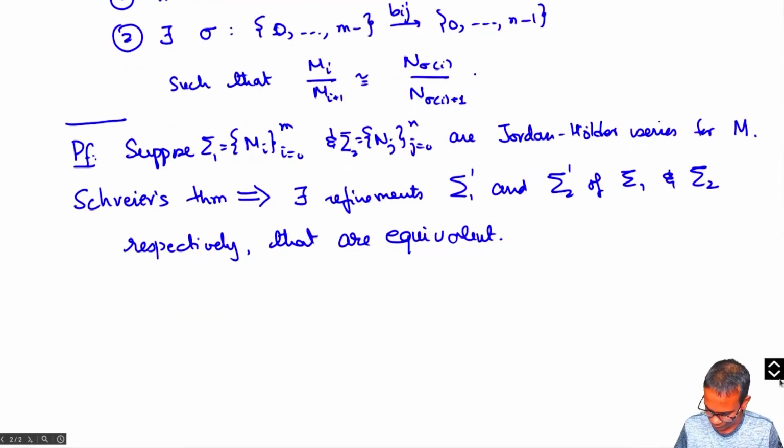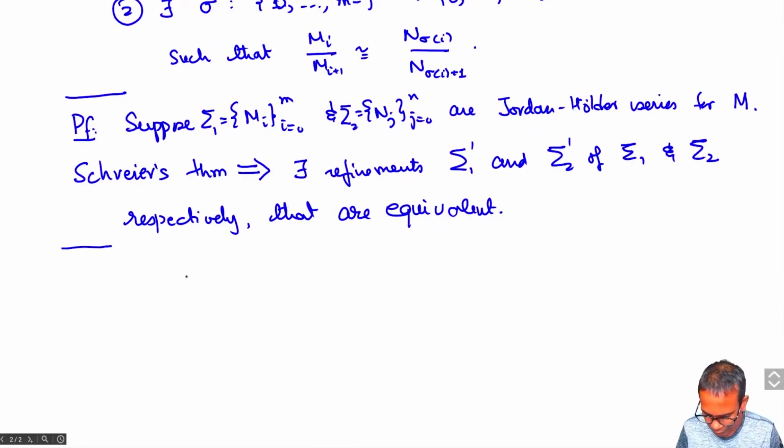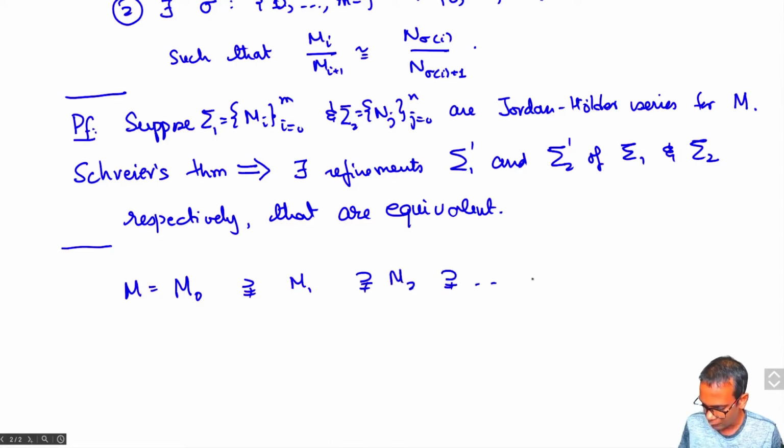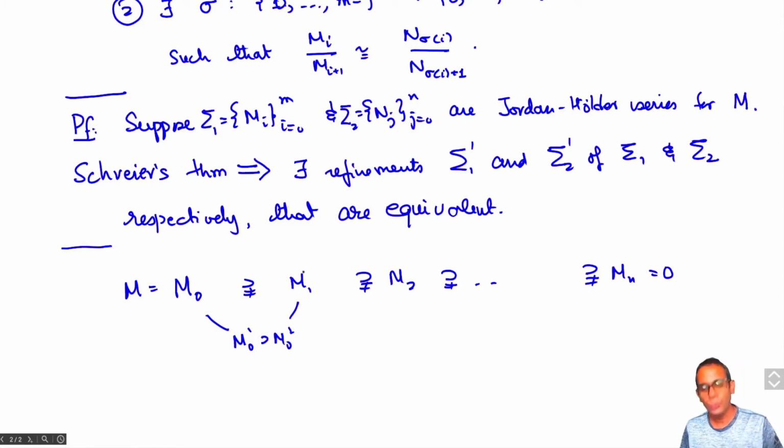So if sigma 1 is something like M0, M1, M2, up to Mn equals 0, then you will be adding terms in between, like M01, M02, or many more terms. These new terms will be either equal to M0 or to M1.